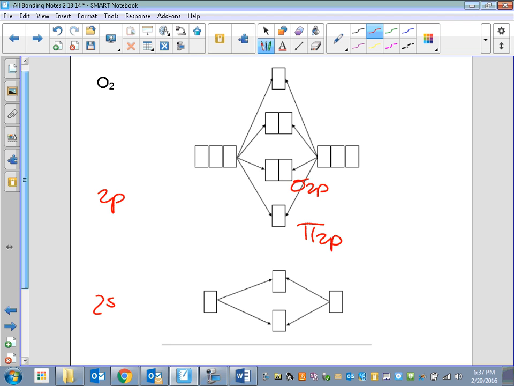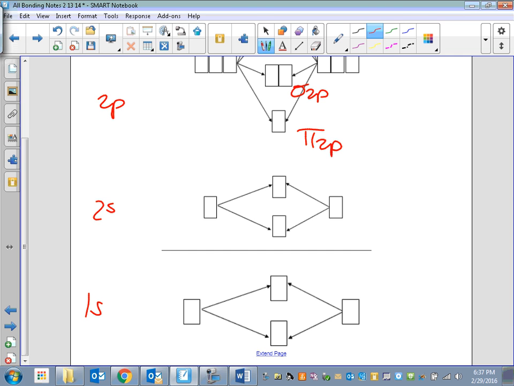Again, the pi 2p antibonding, because of the electron-electron repulsion, by the way, pi star 2p at the 3rd level, and then the sigma star 2p at the upper level. That's the only difference here. So pause this, try to fill out oxygen's, and then I will do this one for you.